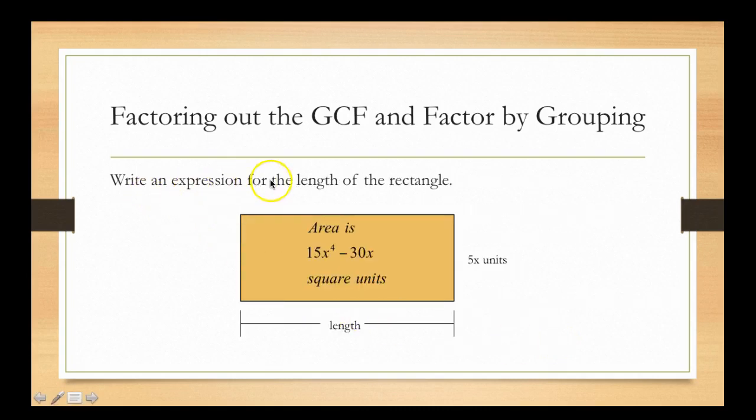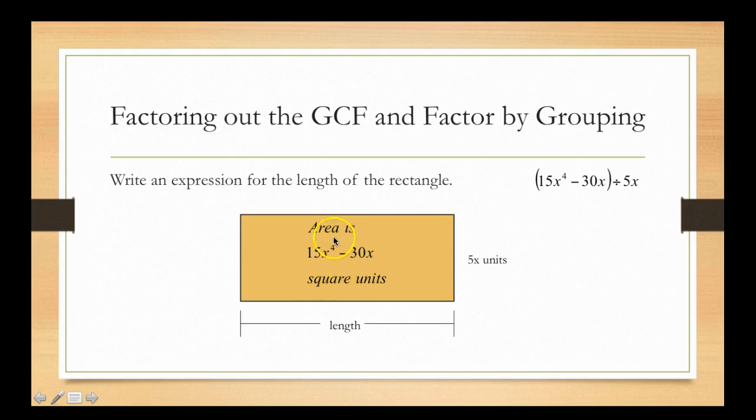Now let's write an expression for the length of the rectangle. Well, the length we don't know, the width we know, and the area we know. Well, if you know the formula for the area of a rectangle, which is length times width, then we can say this unknown times 5x will equal this area.